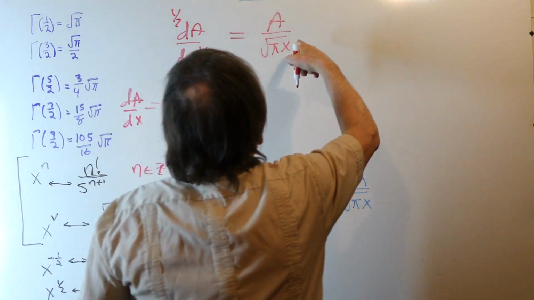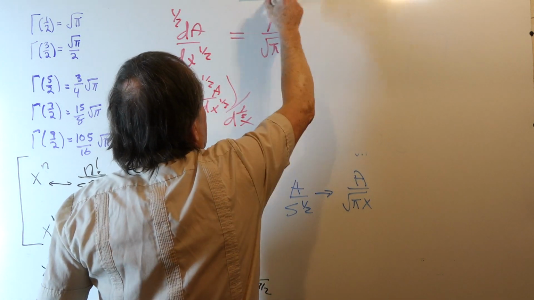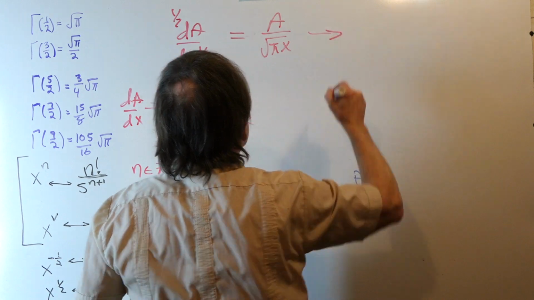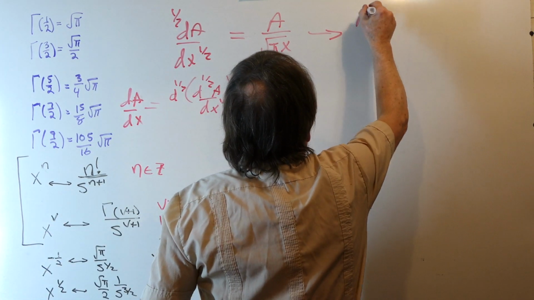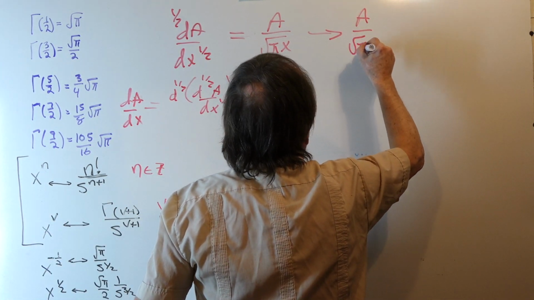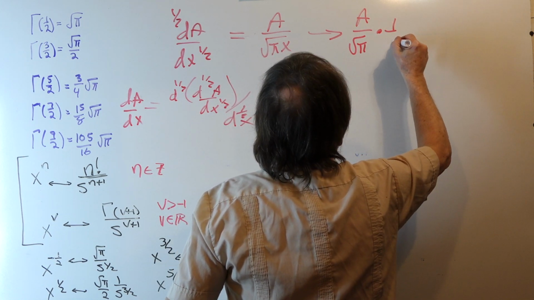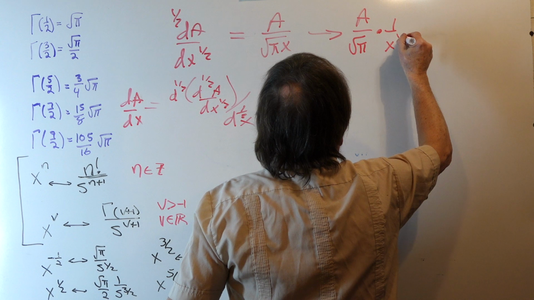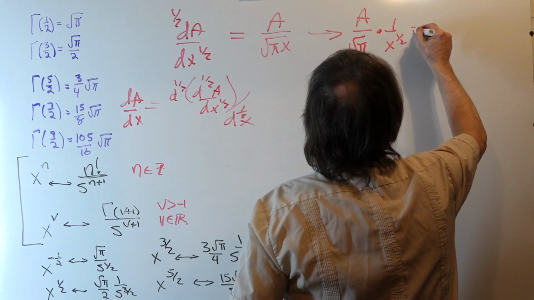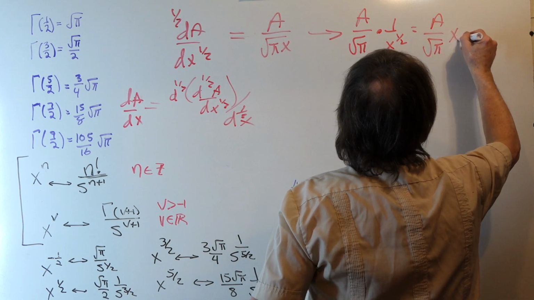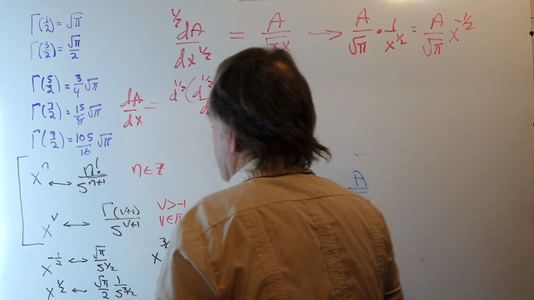Well, we need to transform this into the Laplace space. This is a over square root of pi times 1 over x to the 1/2, or this is a over square root of pi times x to the minus 1/2.